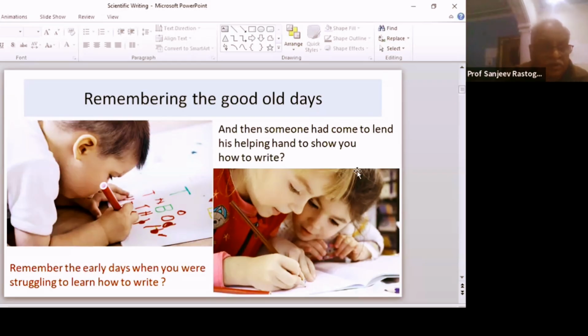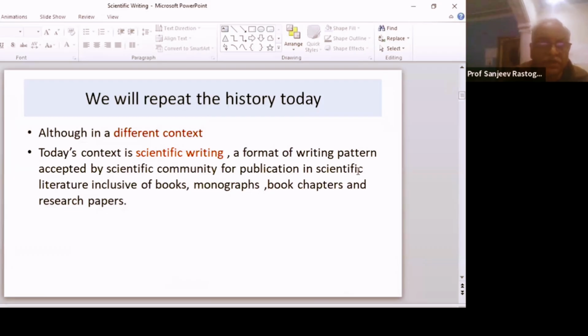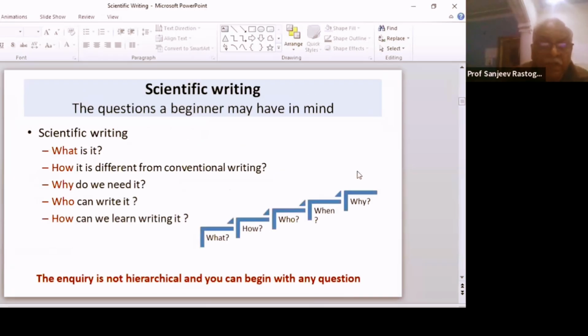We are going to do the same thing again today, but in a different context, and today's context is scientific writing. Again, there is somebody who is going to teach you how to write, because you are a beginner and you might not know how to actually write a scientific article.